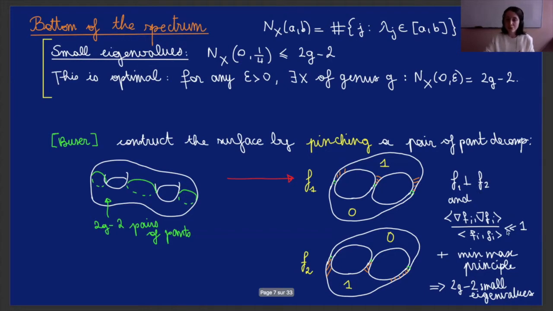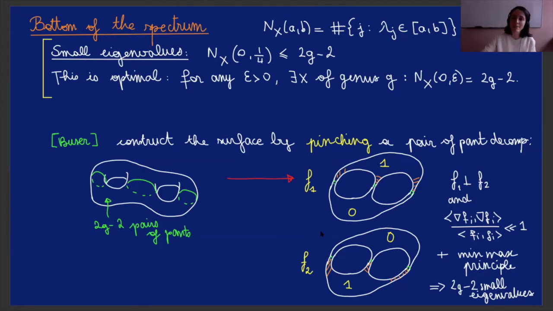And the Rayleigh quotients are going to be small because the function is almost constant, except on this very long cylinder on which it goes very slowly, and the cylinder is narrow. So these Rayleigh quotients are all going to be small and can be made arbitrarily small, actually. So by the min-max principle, you obtain that there can be up to as many small eigenvalues as there are functions here. So 2g minus 2.